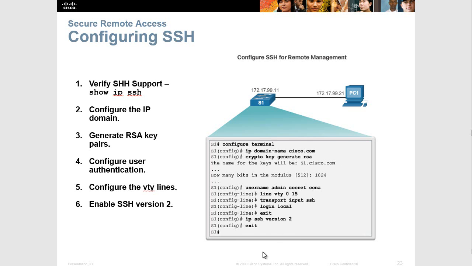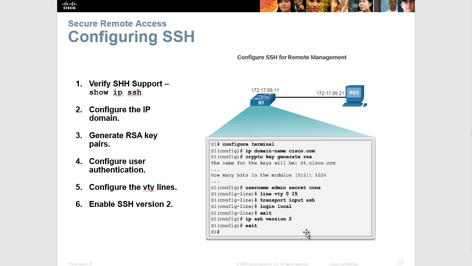Also for SSH, you're going to need to use a username and some password for that username to log into your SSH session, which we did in CCNA 1, so this all should be review. Then you're going to go into your VTY lines, transport input SSH, login local. Okay.